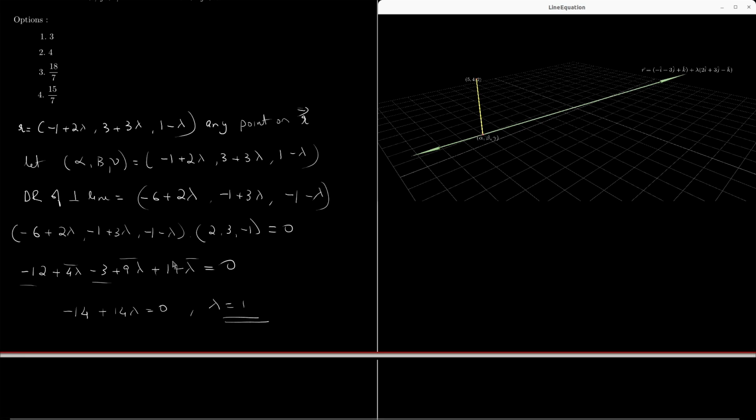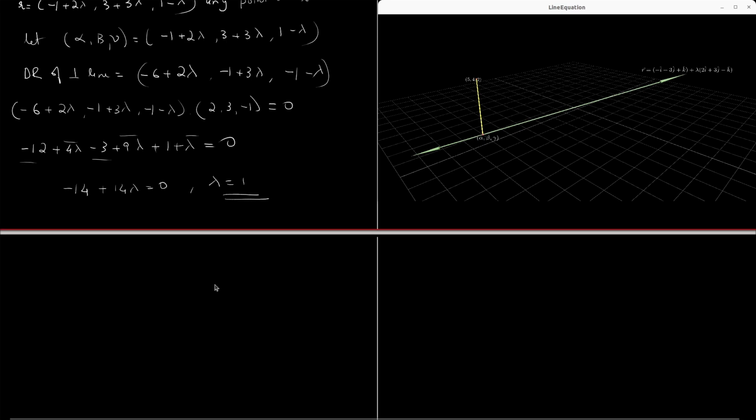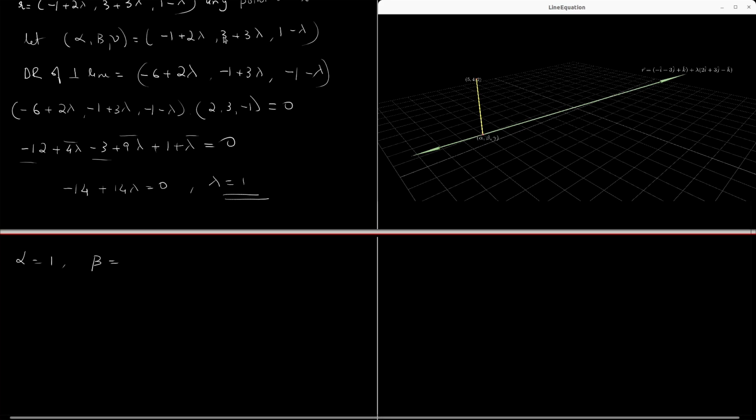If lambda is equal to 1, then for the foot of the perpendicular, alpha is minus 1 plus 2 lambda, that is minus 1 plus 2, which is 1. Beta is 3 plus 3, which is 6.